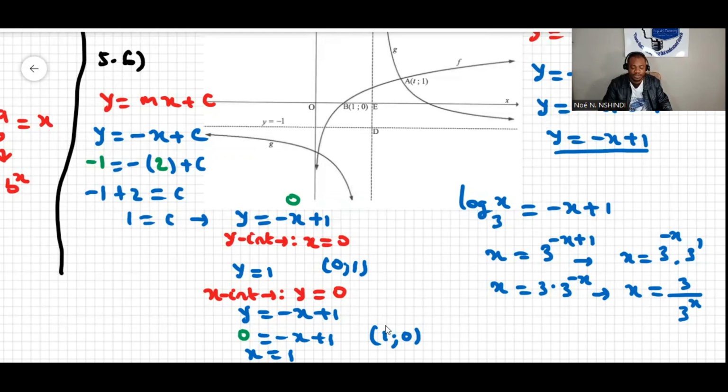If x is 1, y must be equal to 0. You sub 1 here for x, and you have 1 equals 3 over 3 to the power of 1, which is just 3 over 3, so 1 equals 1. So the point of intersection is the point 1, 0.